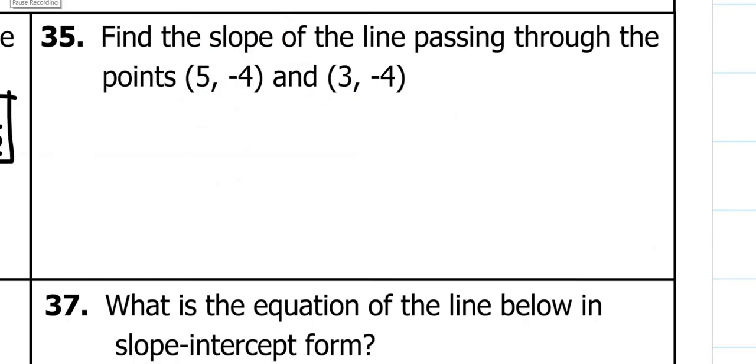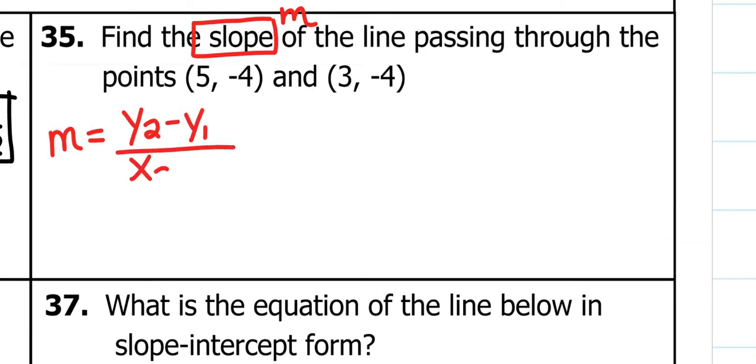35. Find the slope of the line passing through the points 5, -4, and 3, -4. So again, we're looking to find the slope, m, of the line. And we're not going to do it graphically. We're going to do it using the equation. So again, you're going to write the equation, m equals y2 minus y1 over x2 minus x1.